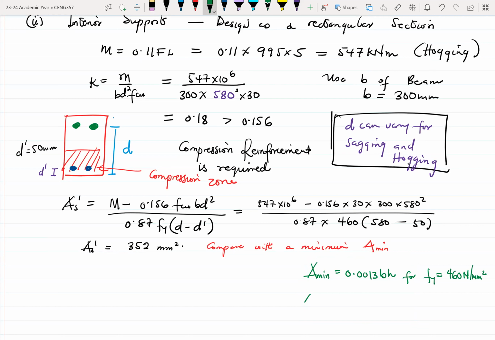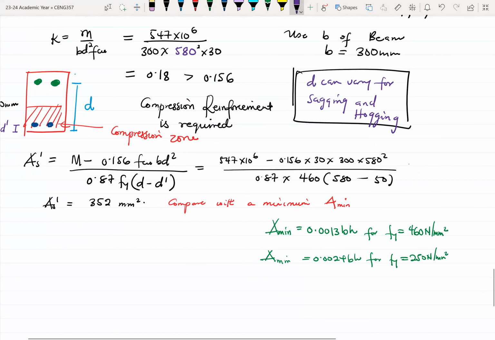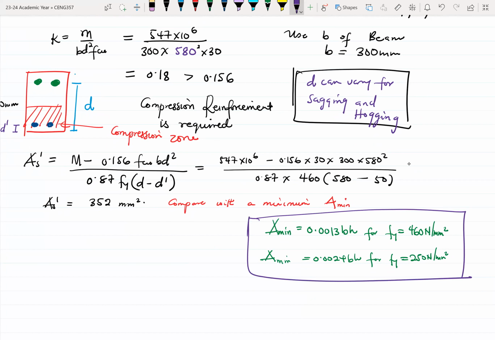Okay, then A minimum is equal to 0.0024 BH for Fy equals 250 newtons per millimeter squared. Okay, so this is an important information to have on the side.